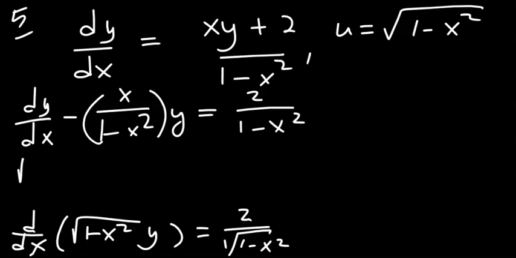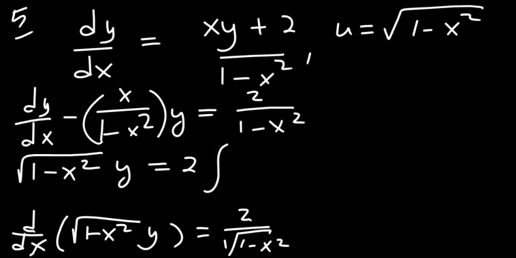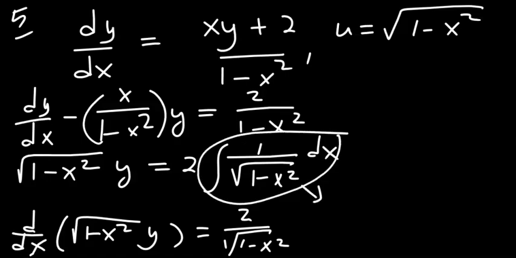The left-hand side is just square root 1 minus x squared times y. The right-hand side is 2 integral of 1 over square root 1 minus x squared dx. This integral is a standard integral which will give you inverse sine of x.